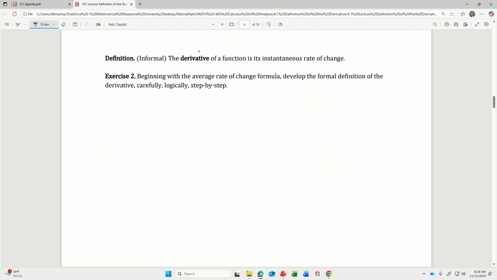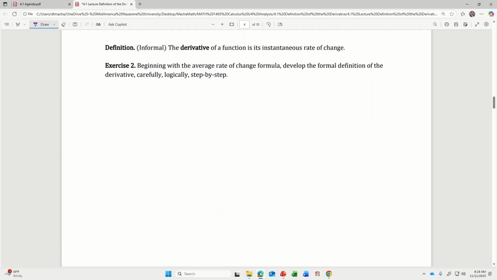And so when we say the derivative is the instantaneous rate of change, that means I could write the derivative of a function f as being the average rate of change of this function.